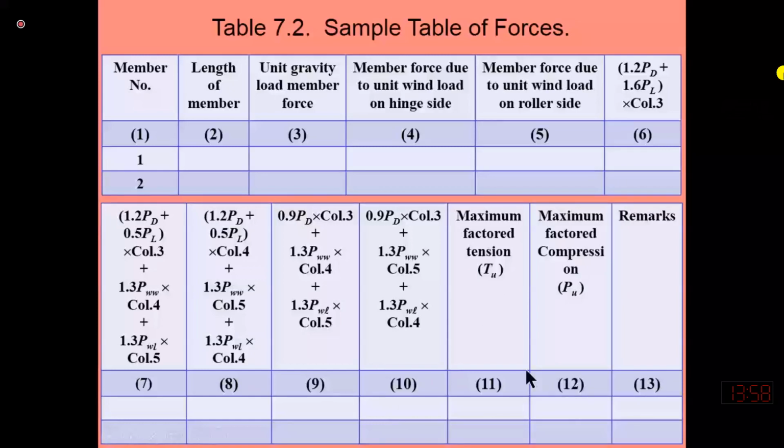So actually now I'm explaining that you need to make two tables of such type in your case. Why do you need to make this table two times? Because you are having two windward loads. So one table will be for windward load 1 and one table will be for windward load 2.